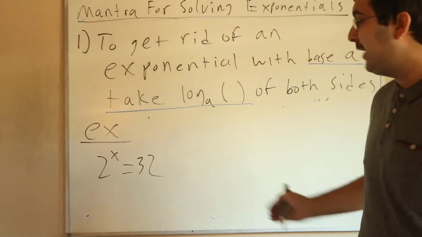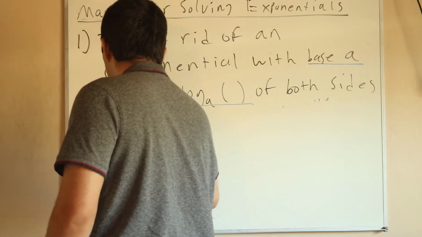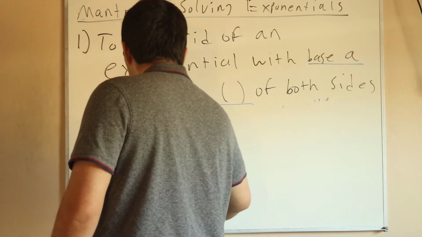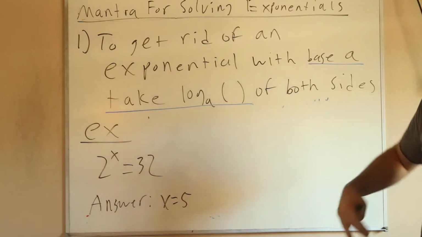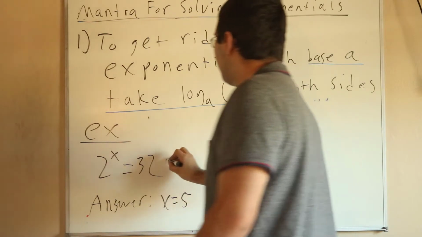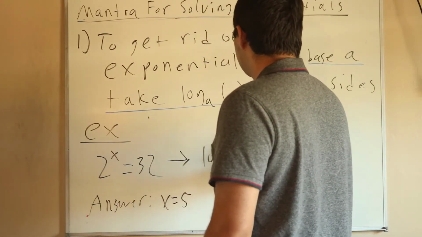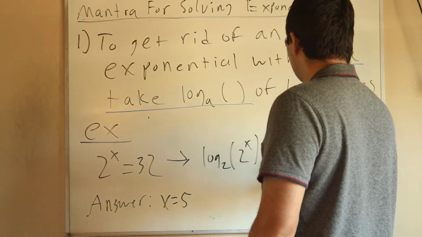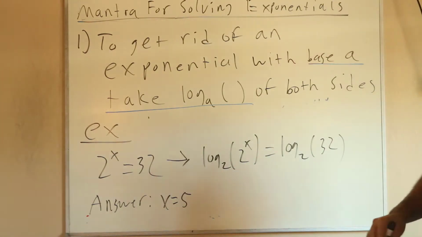So we understand the answer is 5 because we can see that without much difficulty with our understanding of exponents. But just to apply this mantra so we can see what is actually happening, if I wanted to solve this, I would take a log base 2 of both sides.